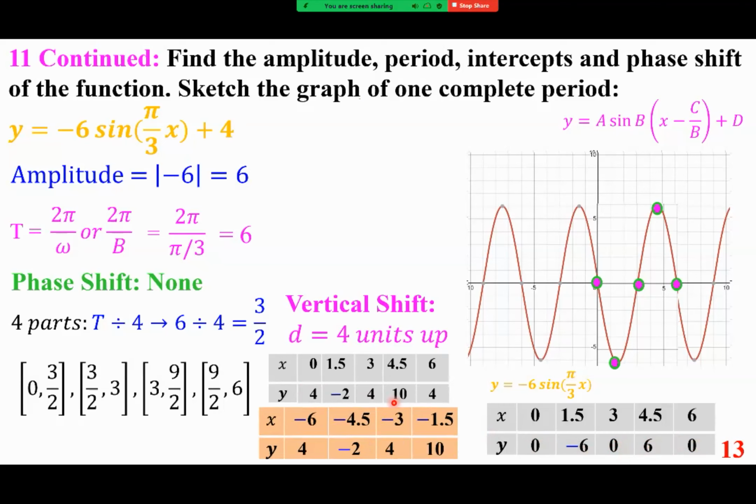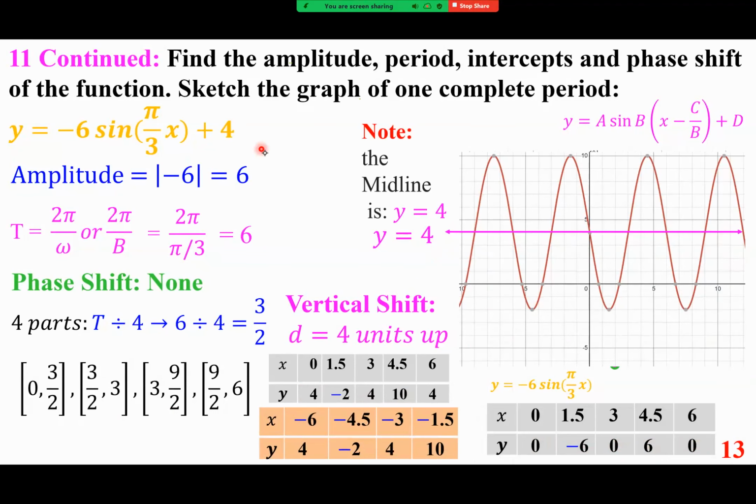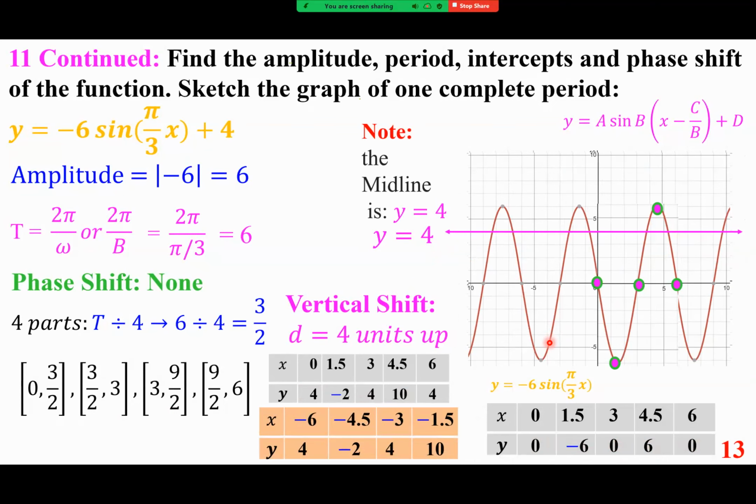We can go also on the left side, the same thing. Basically you move this line up by 4. The midline is y equals 4. And that's the graph. So this one basically shifted up by how many units? 4 units, that's all.